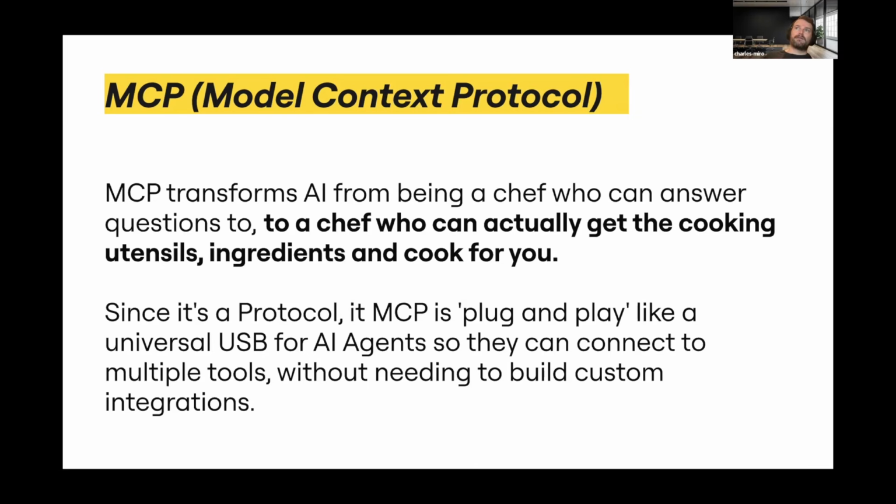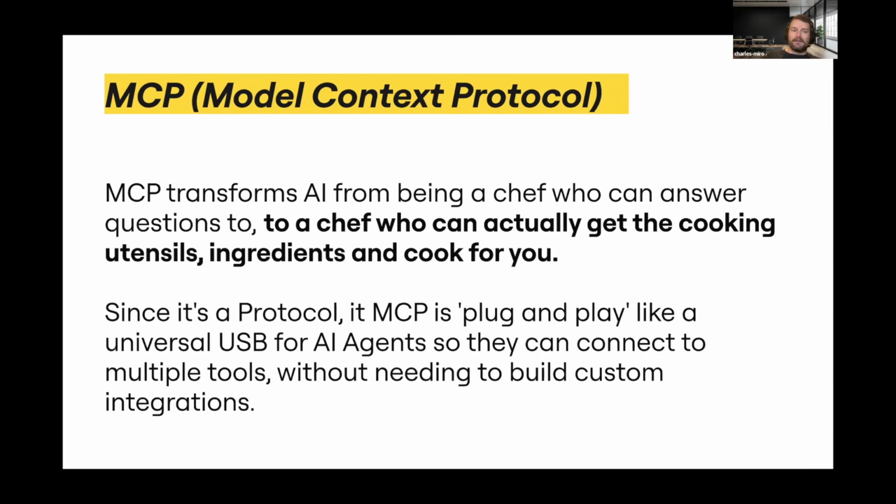And where MCP comes into play here is it's like a universal plug and play that actually allows an AI agent to connect to a tool and actually interact and do things with that tool. So in this analogy, you would be giving that chef, who you've been talking to about recipes, the pots and pans and the utensils and some of the ingredients to actually go and cook that food for you. Obviously, AI is not going to make you a salmon meal.